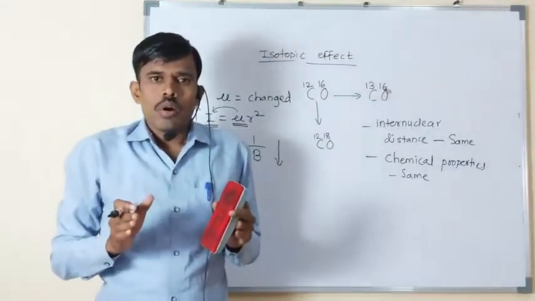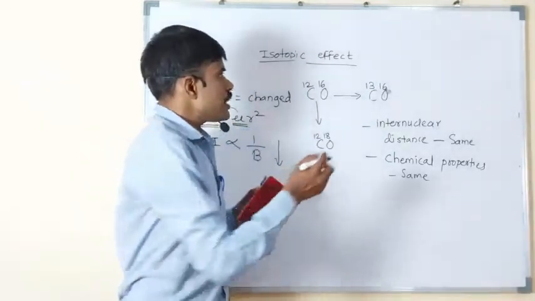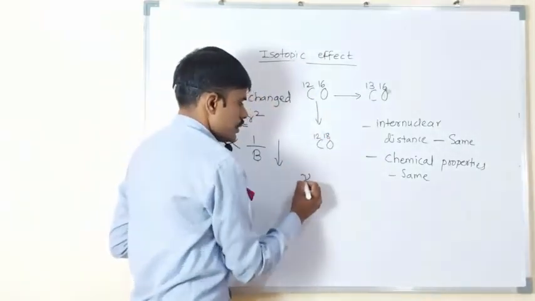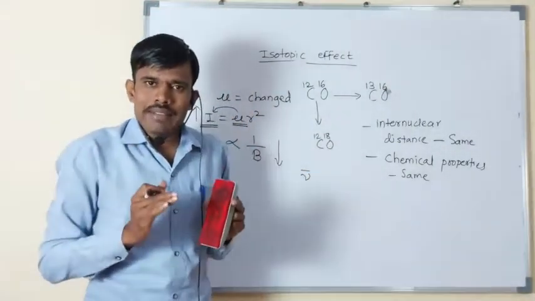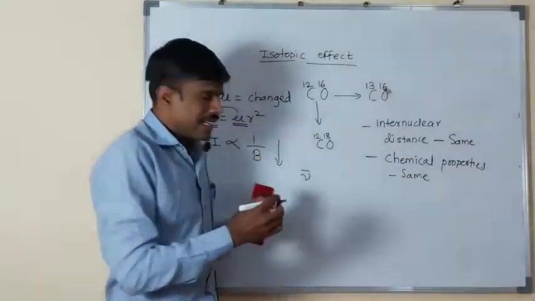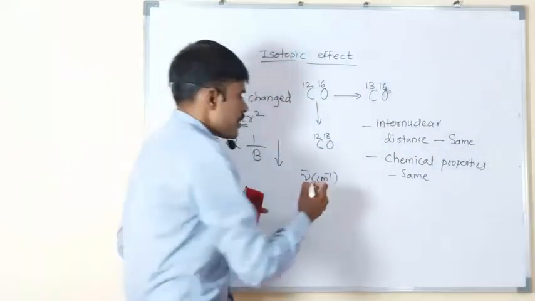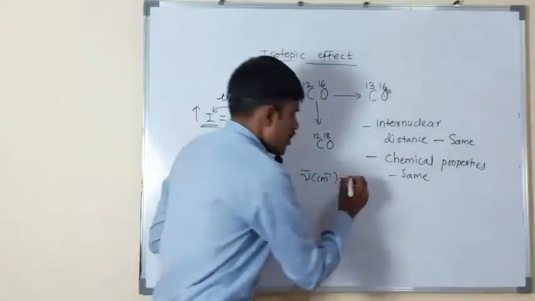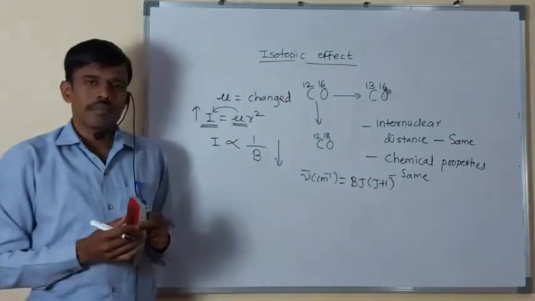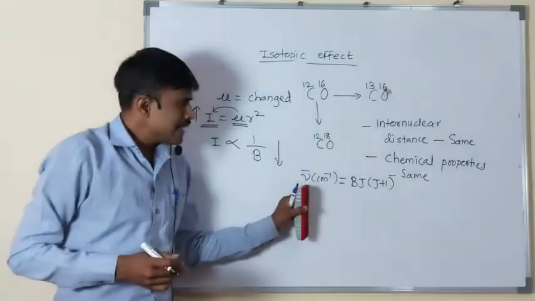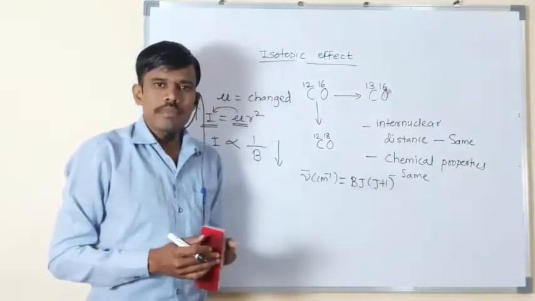So what happens with the frequency? This frequency is, as we know, the frequency of spectral line in centimeter inverse, that is energy in centimeter inverse, is equal to B into J plus 1. This frequency is equal to B into J plus 1.